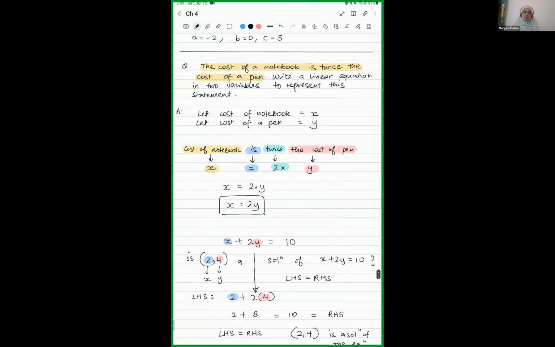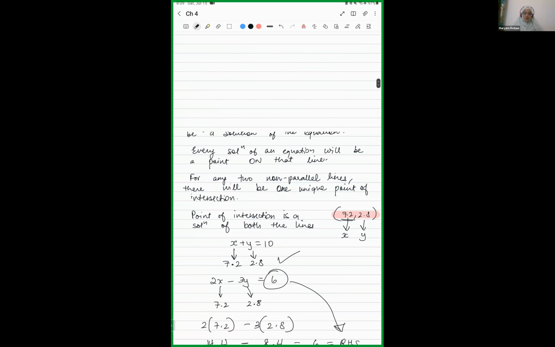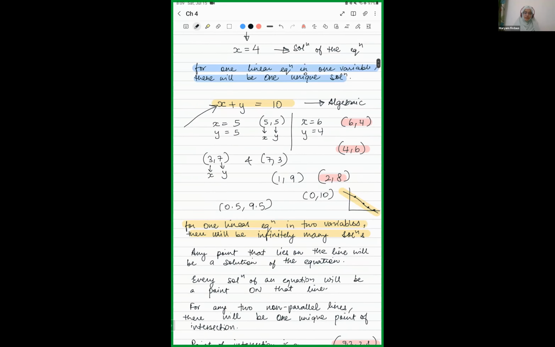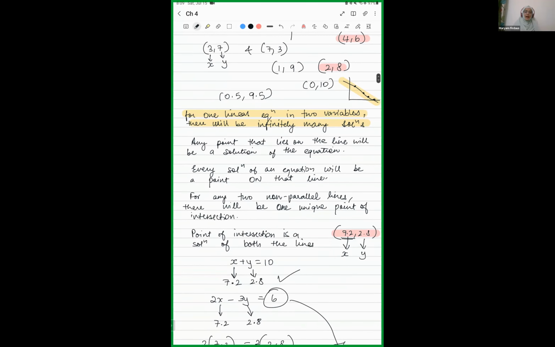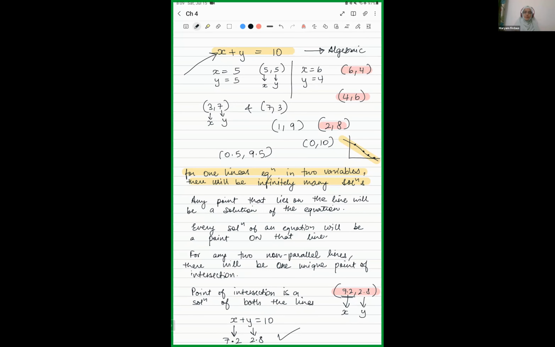And I just now told you again that if you have a linear equation in two variables, you will have infinitely many solutions. Did we discuss it just now or not? Are you paying attention or not? First, tell me that. What about you, Abdul Rahman?